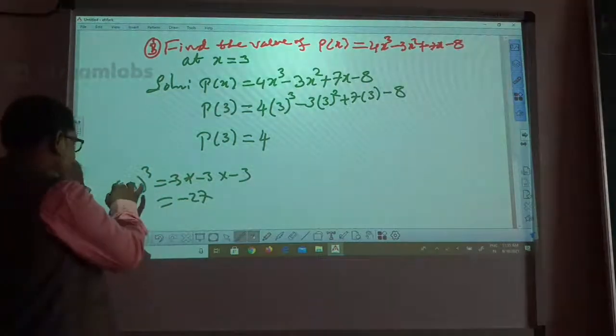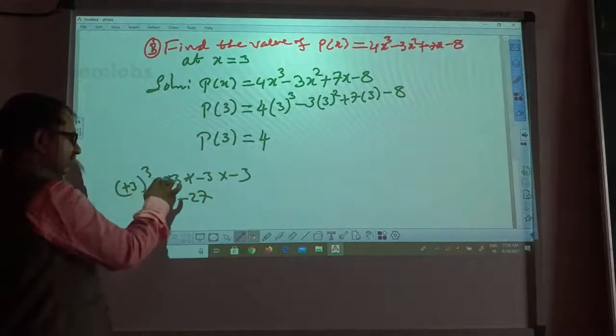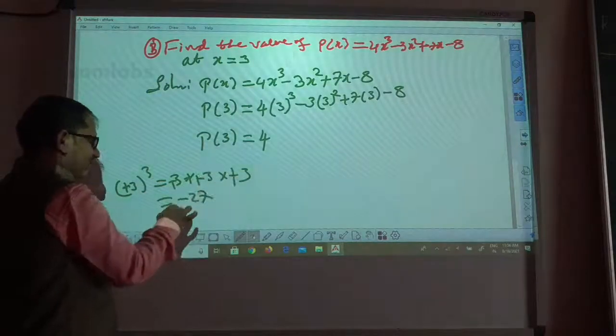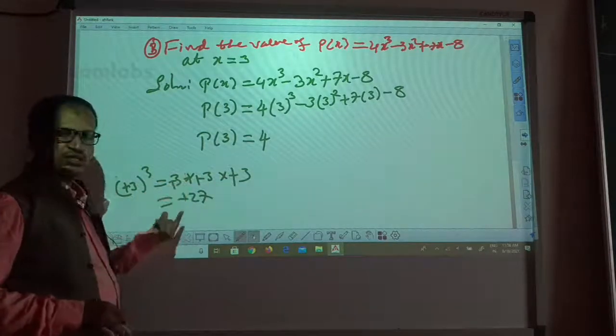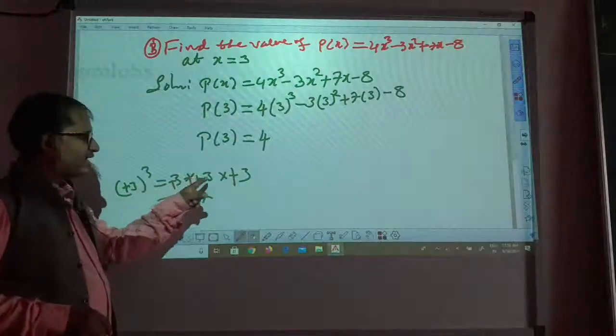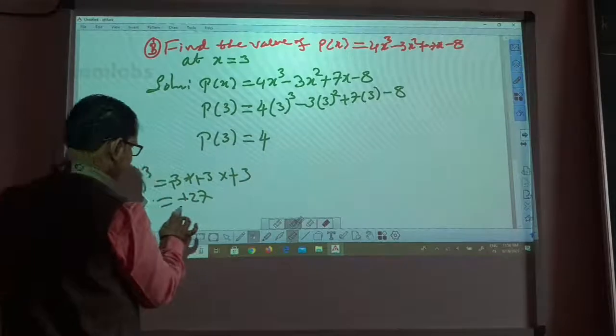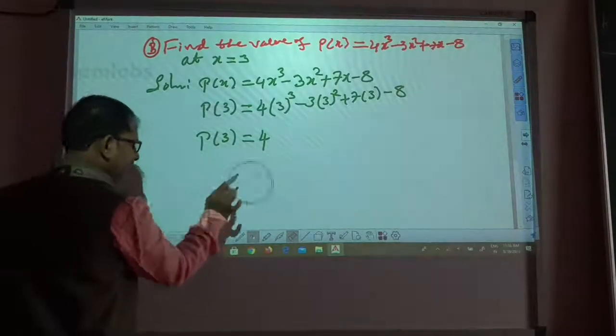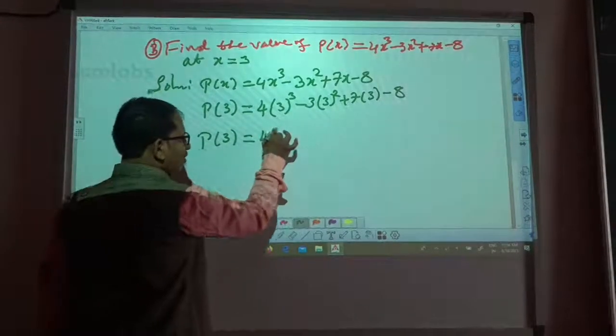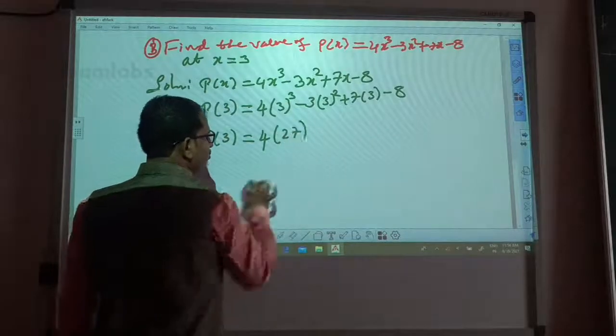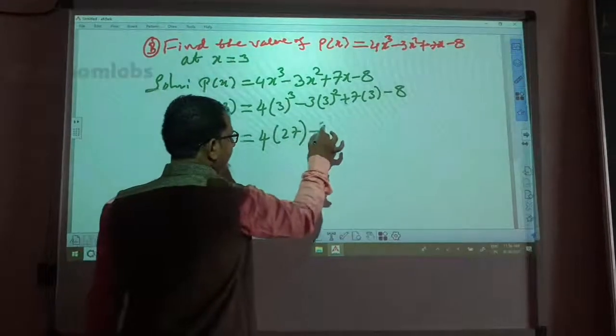But now it is plus, right? So all will be plus. Plus into plus is always plus. 3 3s are 9, 9 3s are 27. So we can write this as plus 27, minus 3.